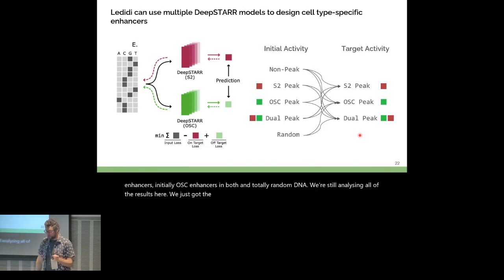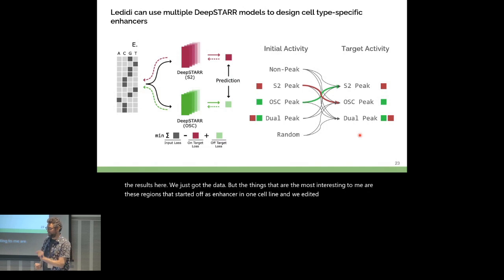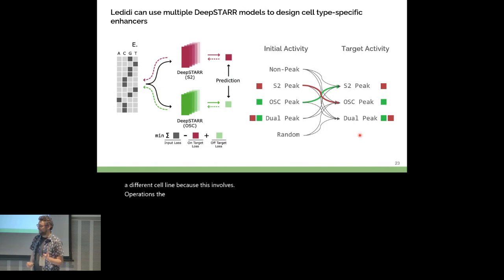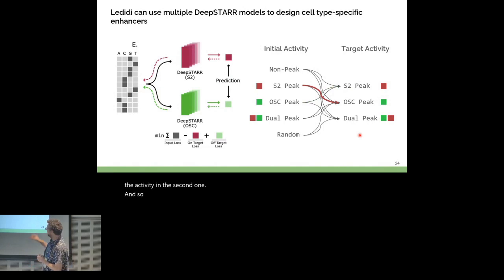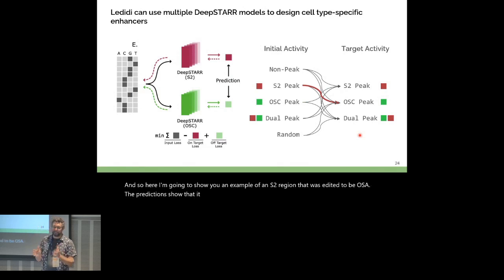But the things that are the most interesting to me are these regions that started off as an enhancer in one cell line, and we edited to be an enhancer in a different cell line, because this involves 2 operations. The first is turning off the activity in the initial cell line, and the second is adding in the activity in the second one. And so here, I'm going to show you an example of an S2 region that was edited to be OSC. The predictions show that it transitioned correctly, and the experimental data also confirm this.